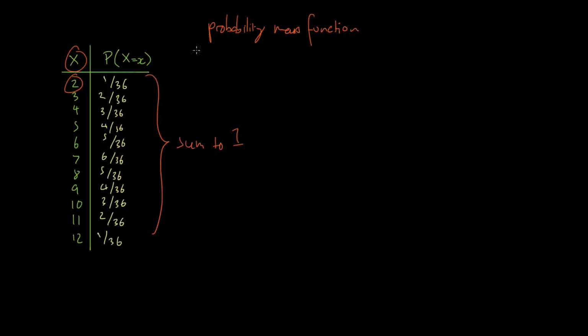And we can either write this as the probability that X equals x, or the term we use for a probability mass function is actually this lowercase p. We subscript it with the random variable, and we put in X there. And so we could write, for example, that the probability mass function of the random variable X evaluated at 3 is equal to the probability that X is equal to 3, and that's just 2 on 36. Or if we want to simplify, we can write 1 on 18.